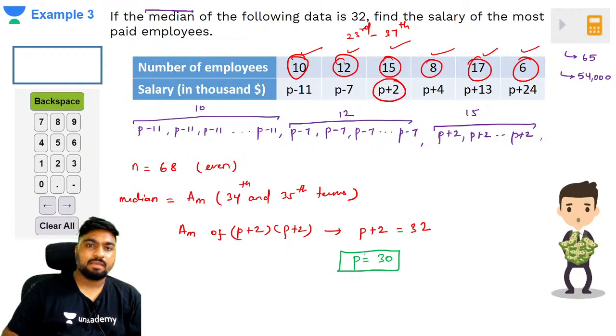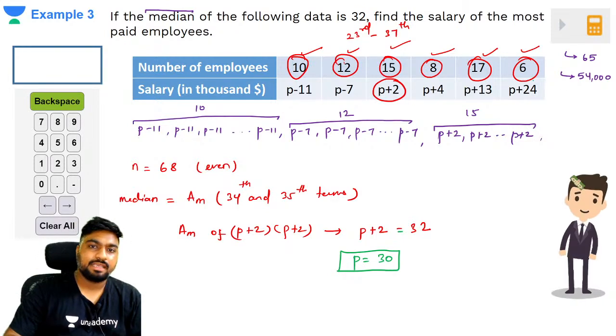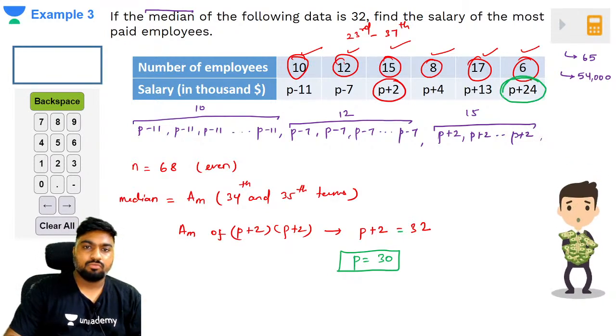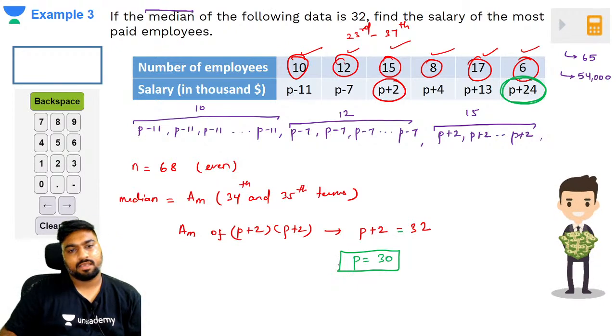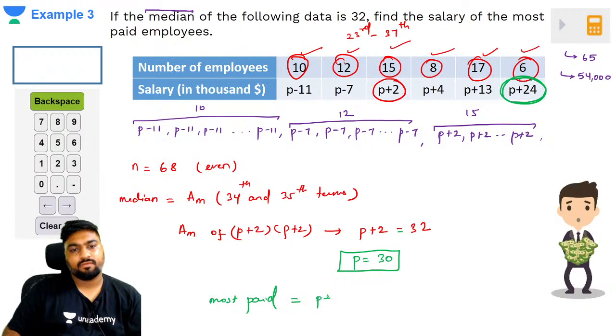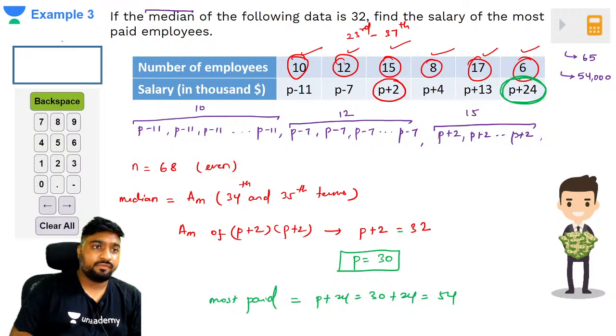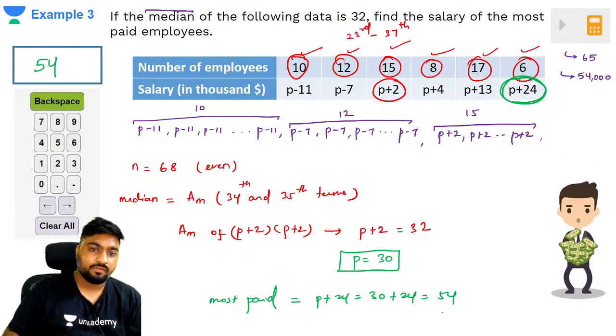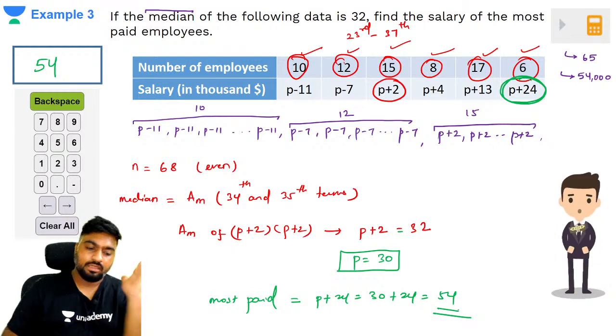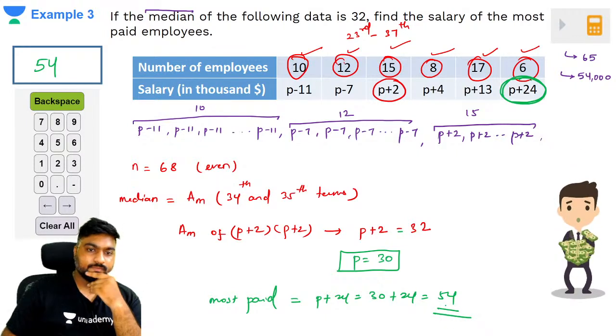Now what have we been asked? Where are the most paid employees? Here. Here are the most paid employees. So the most paid employees get how much? 30 + 24, which is 54, but 54 will not be our answer. After all this hard work, if you still answer 54, all is lost.